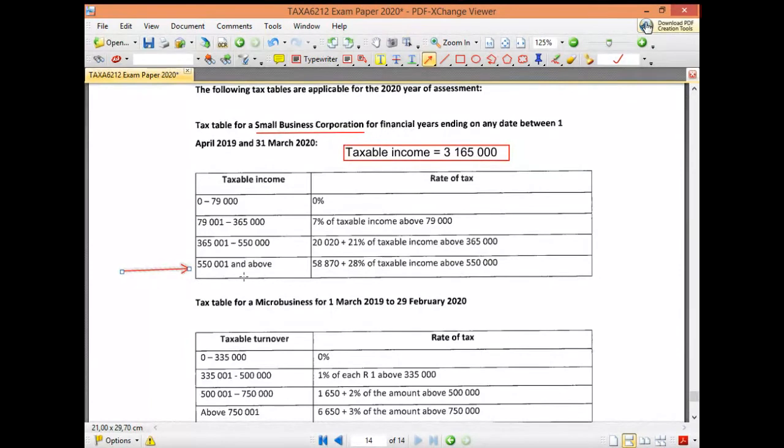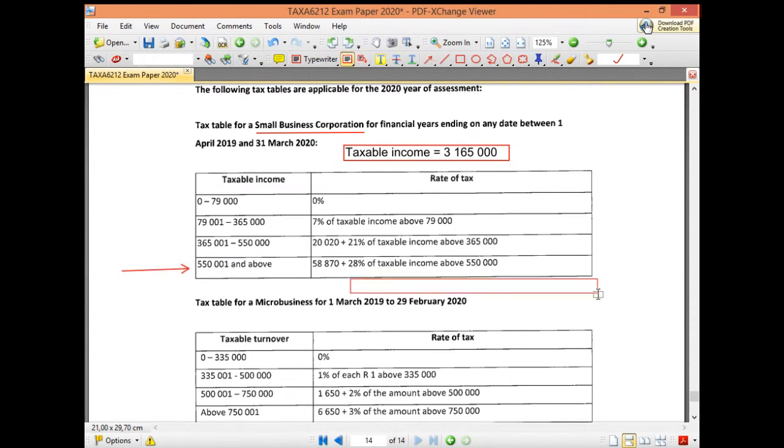So that means I'm here at the last line of that tax table. Then on the right-hand side, they explain to you how to work out the tax amount. So the 58,870 is the tax on an amount up to 550. And then we apply 28% for the amount above 550. So your 3.165 million less your 550 will then give you the tax value.